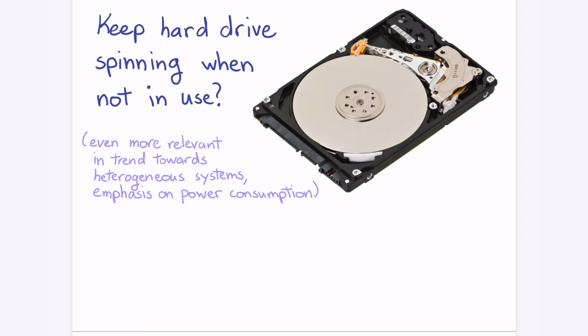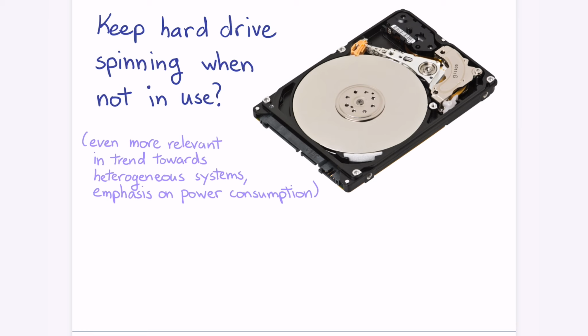Should I completely shut off the hard drive or should I just keep it spinning even though it's not directly in use? You can imagine a million other things in systems with some kind of startup cost. Should I just keep it running? Maybe coal plants have something similar. Should I just keep this thing running because a full start takes so much extra power?